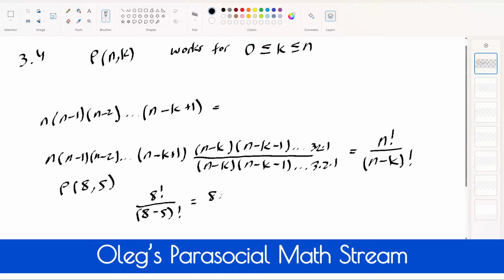So that's going to be 8 factorial over 3 factorial. Okay? So then what we're doing is that you can think of it as this. Let's write these out. 8, 7. And this is what that formula is about. We're just doing it with numbers now, so you can kind of see 6, 5, 4, 3, 2, 1, right? And then we have 3, 2, 1.